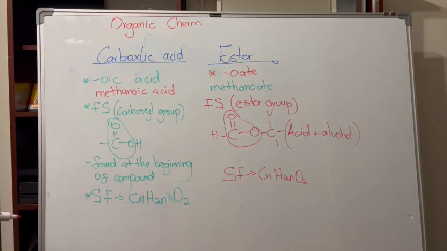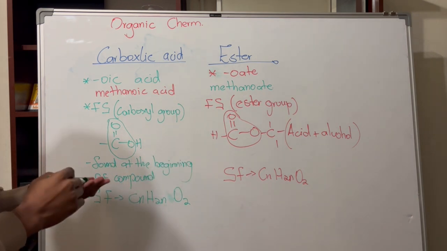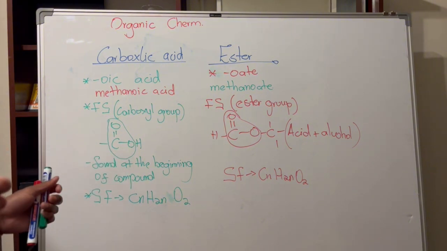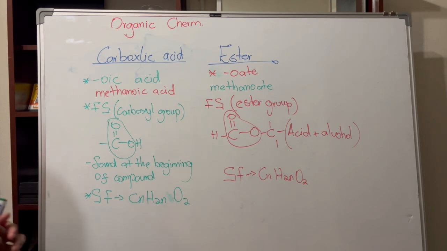So they have the same general formula, right? Meaning they will have the same molecular formula but different structural formula. And we regard these as what? As functional isomers. But we're gonna talk of the types of isomers, your structural, your chain, all types of isomers, also on a separate video.